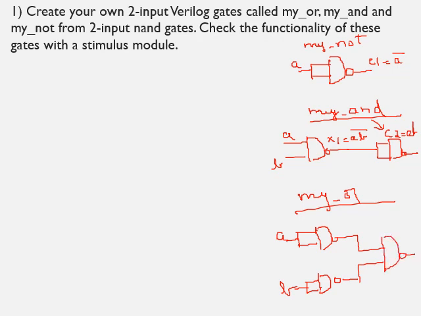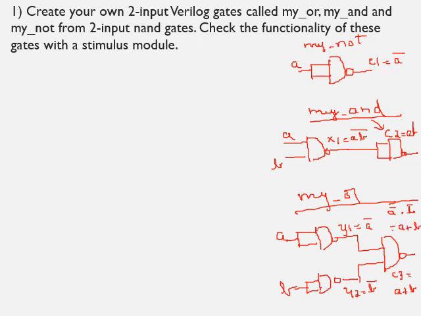So this is say Y1 equal to A bar, Y2 equal to B bar. So this is nothing but C3 equal to A or B. So here, what actually happens is A bar dot B bar whole bar. So that is nothing but A plus B, applying De Morgan's theorem.